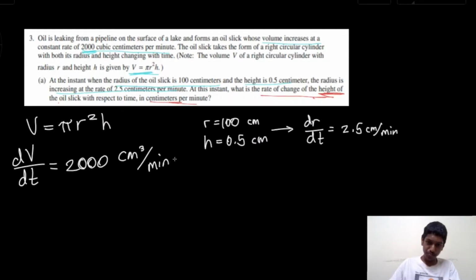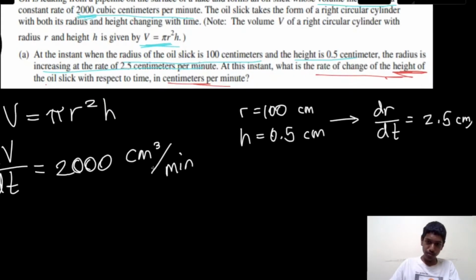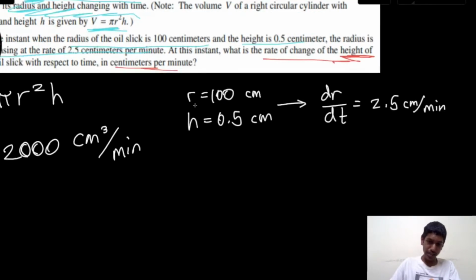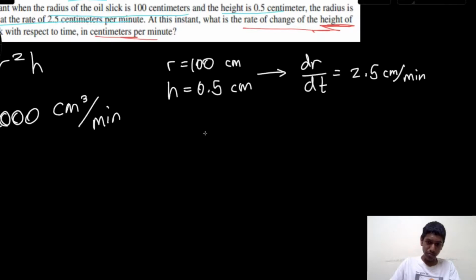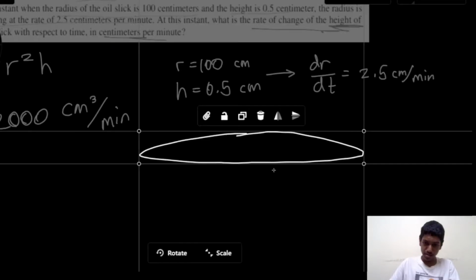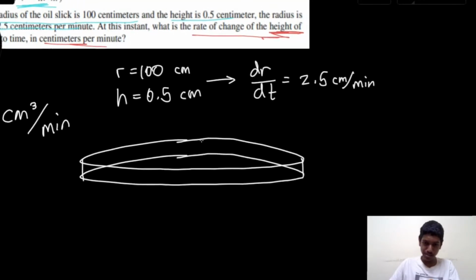So we're asking now what the rate of change of height is. First of all, one thing that they make clear in this problem is that both the radius and height change with time, right? So maybe I like to draw a picture when I can. Let's draw a rough picture. It doesn't have to be a great picture, but I'm imagining in my head this is what it looks like at this moment, whatever this moment is.